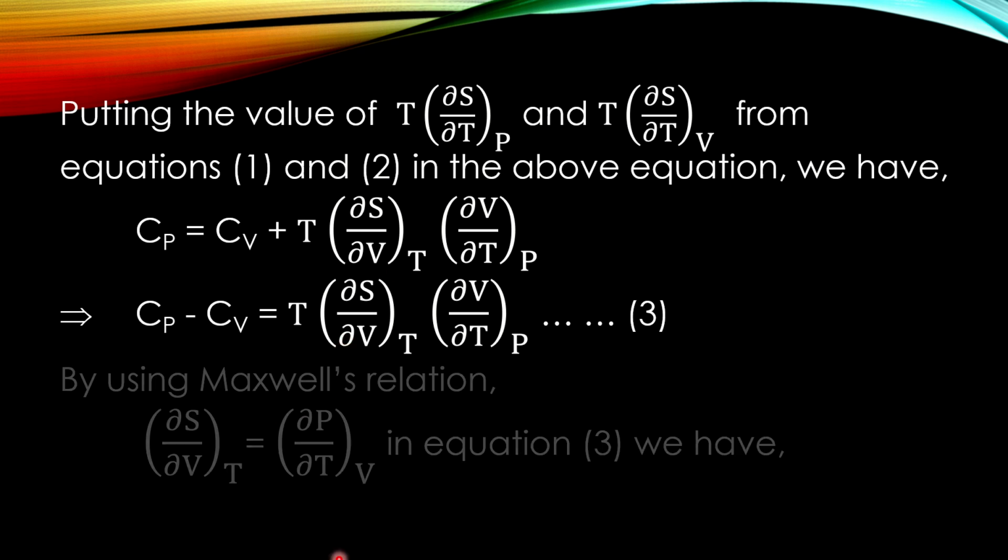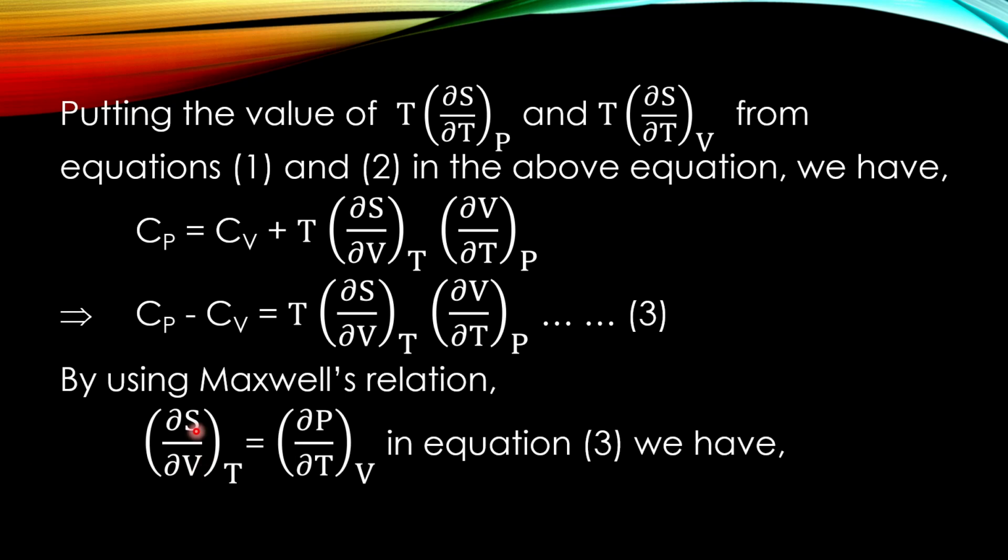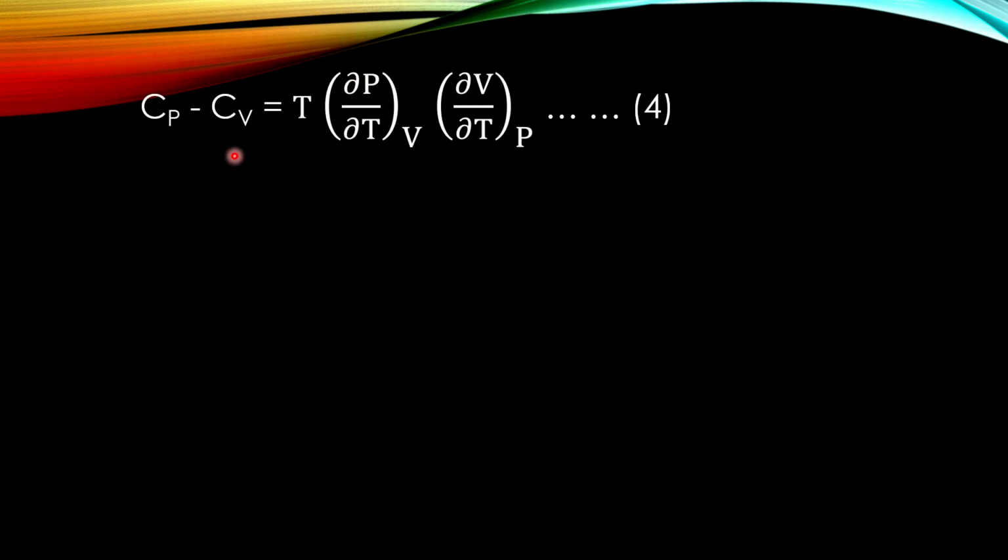With the help of Maxwell's relation, instead of (∂S/∂V)_T, we can write (∂P/∂T)_V in this equation. So by putting this one in place, equation 3 becomes equation 4, and in equation 4 we have Cp minus Cv equals T into (∂P/∂T)_V into (∂V/∂T)_P. Here there are only T, P and V and nothing else. So this is the expression of Cp minus Cv, and this is equation 4.